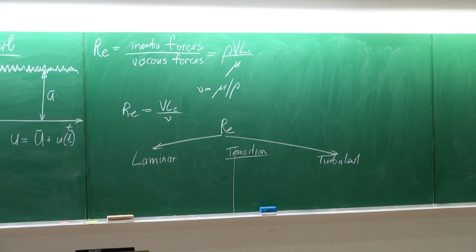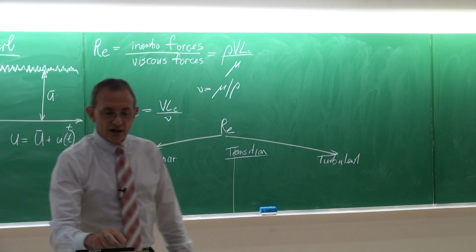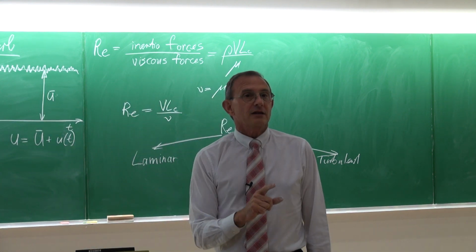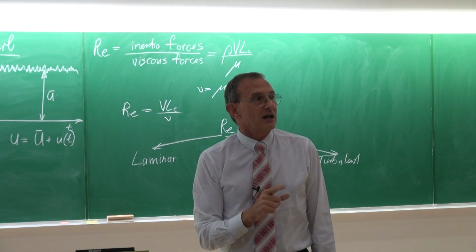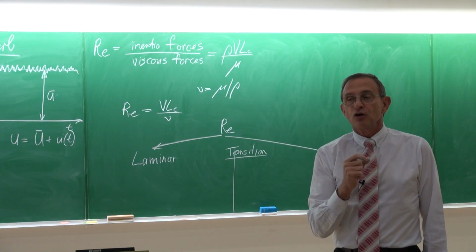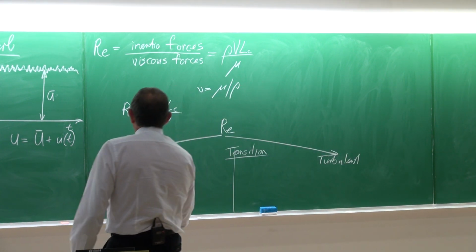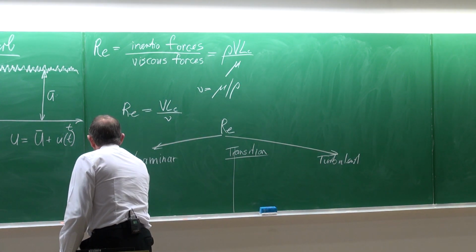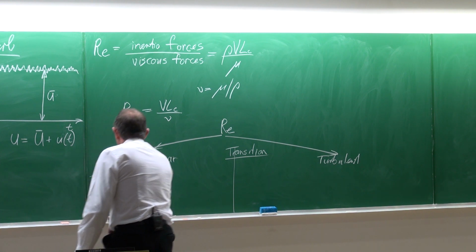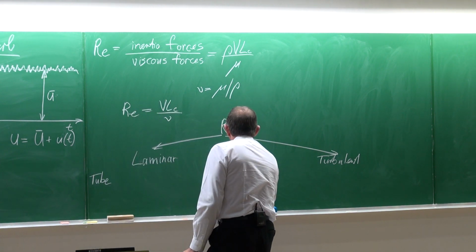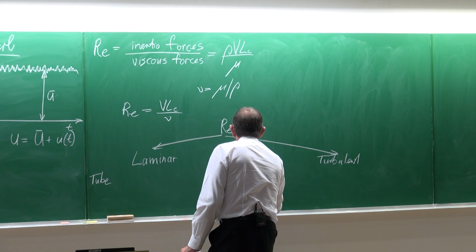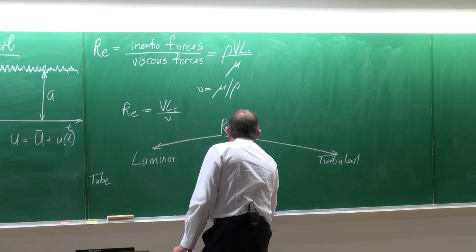Okay, the answer is you are not actually always incorrect. There are some cases where it is like that, and that is the case of flow through a pipe or a tube only. Okay, so only for the case of a tube, transition will occur for Reynolds numbers of about 2,100 to 2,300.